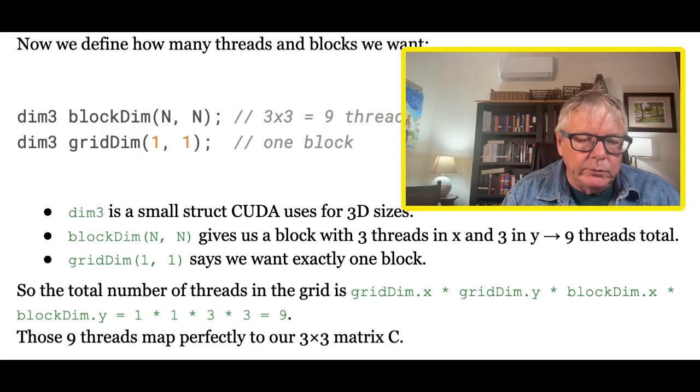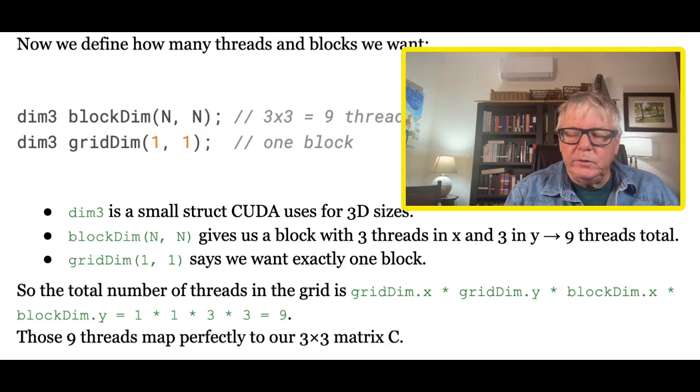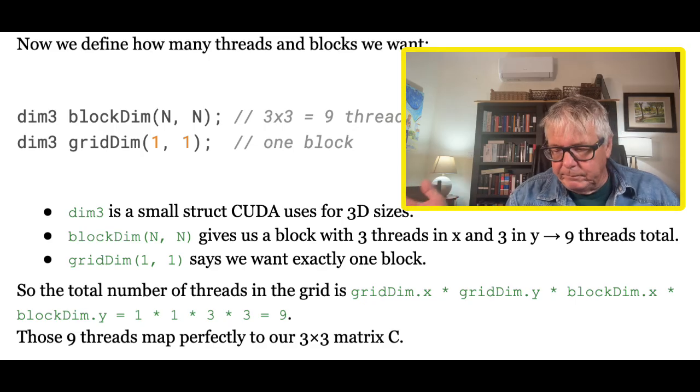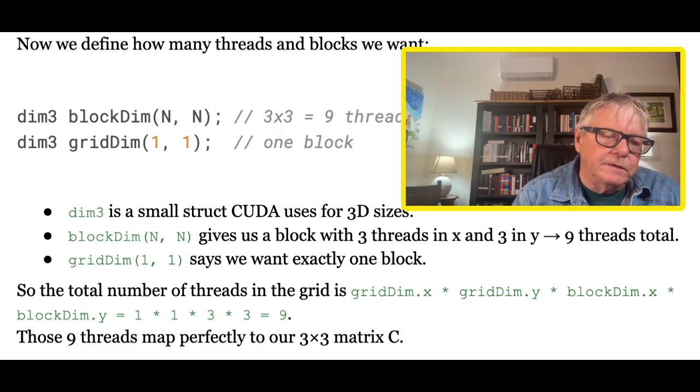This is trivial, because the grid is 1 by 1. It's just 1 times 9, which is 9 threads. Now, in a real application, you don't normally pick it to be conveniently a multiple of the matrix size. We do that for simplicity in this example.